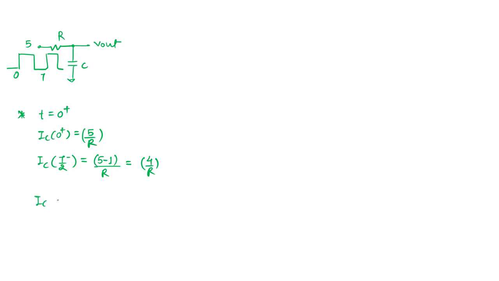And what will happen to the current at T by 2 plus? At T by 2 plus the voltage across the capacitor is only 1 volt. So what is the condition at T by 2 plus? This is the R, this is the C, and this is charged to 1 volt. This is the condition for T by 2 plus. The input has reached 0 volt, so what should be the current?